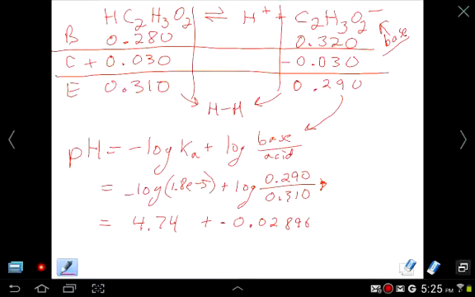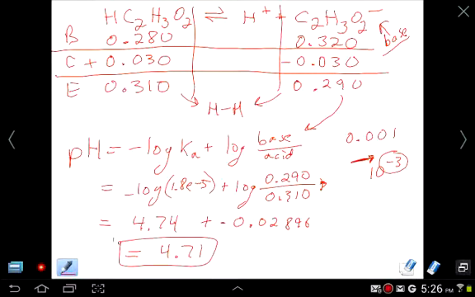If you think of a tiny number like 0.001, the power of this is 10 to the negative third, and that's why we got a negative number, because remember, this is what the log button does. It undoes this power. So we ended up adding 4.74 to that, and this gives us 4.71 for our pH at the end.